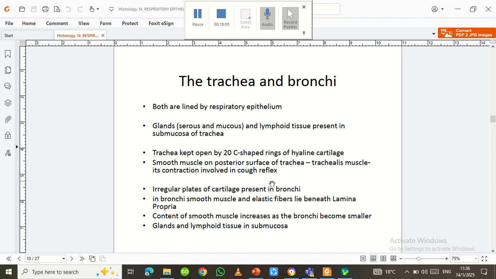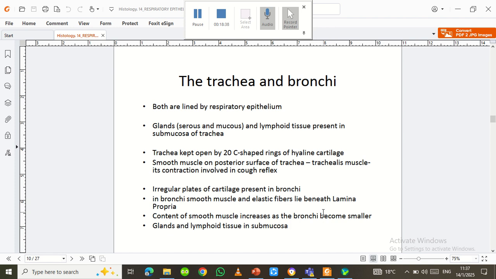Right. So as we move from the trachea and get to the bronchi, you're going to find that those C-shaped cartilages change to irregular cartilages. So that's one of the most important distinctions between the bronchi and the trachea. When you see a histological slide of a trachea, you look at the C-shaped hyaline cartilage. But as for the bronchi, you see irregular cartilage, right?